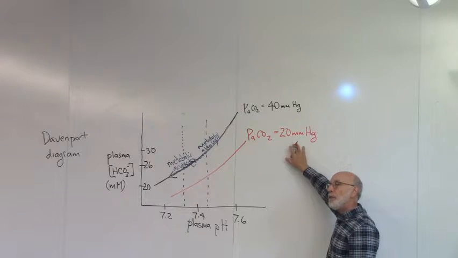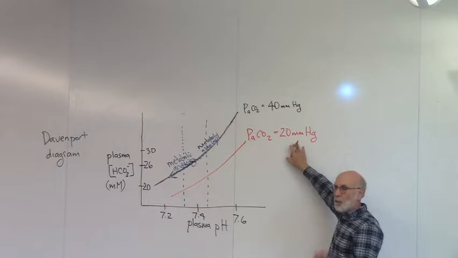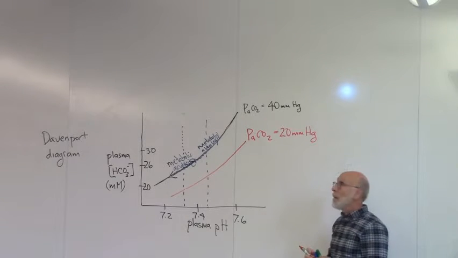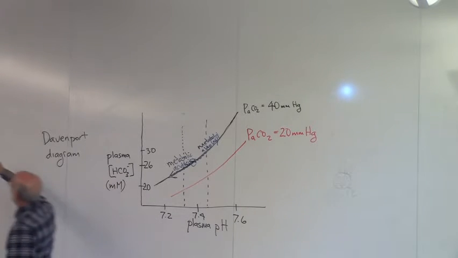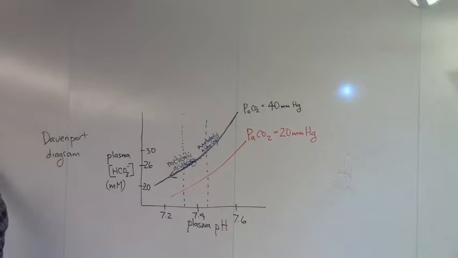Is this hyperventilation or hypoventilation relative to normal? This is hyperventilation, because we are ventilating out more CO2 than we need to. And PCO2 has gone down. Hyperventilation. Normal production of CO2, excess ventilation, hyperventilation, low PCO2.